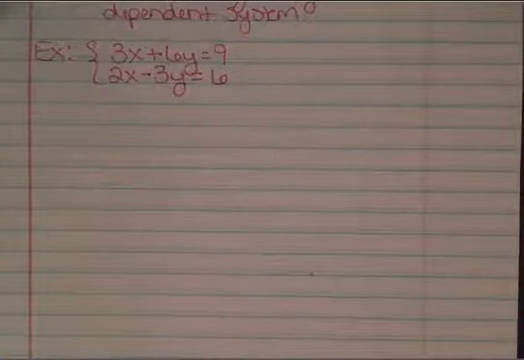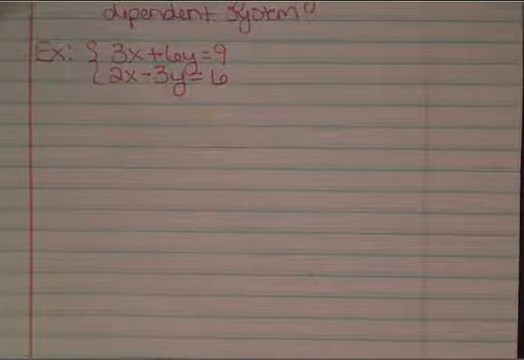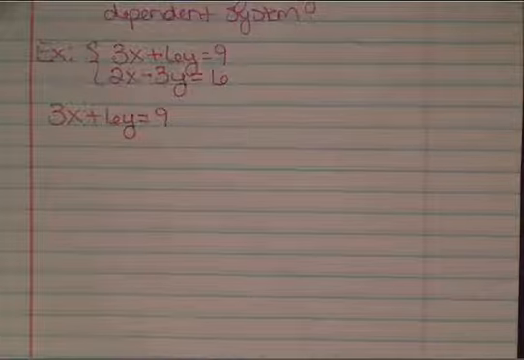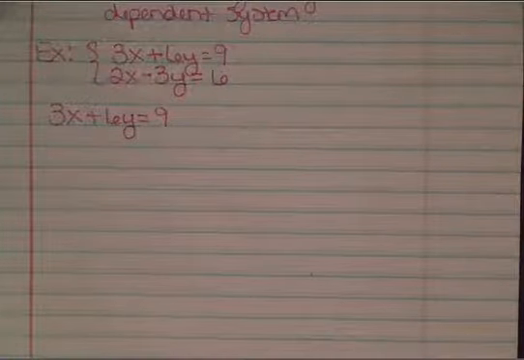So we need to solve one of our equations for one of the variables. Again, if there's not a clear-cut one, I'm just going to go with the first one. So we have 3x plus 6y equals 9. I'm going to solve for my x. It does not matter. If you wanted to solve for your y, you could, and you're still going to get the right answer.